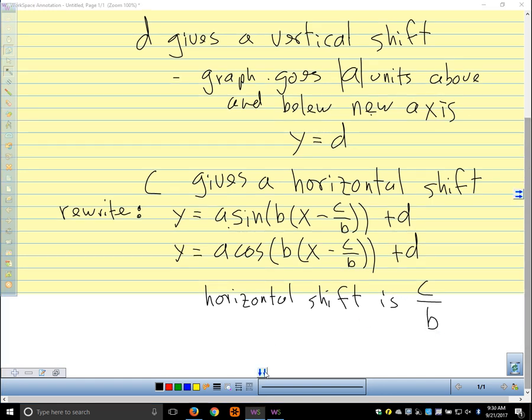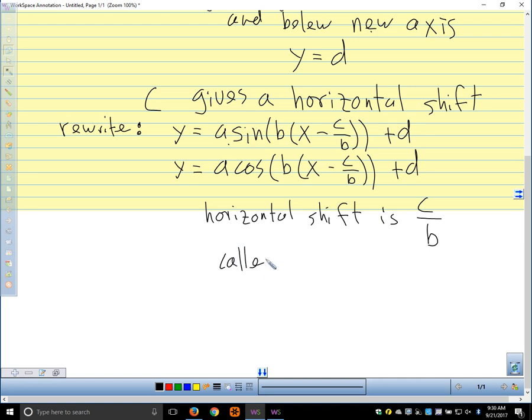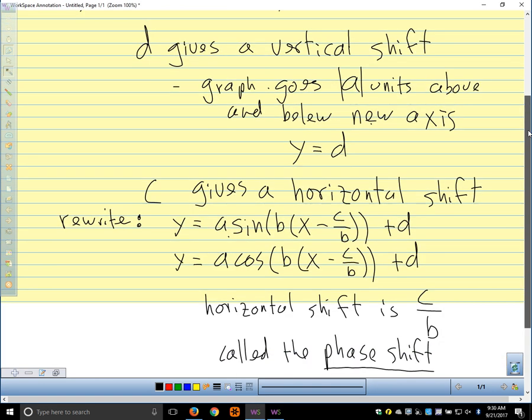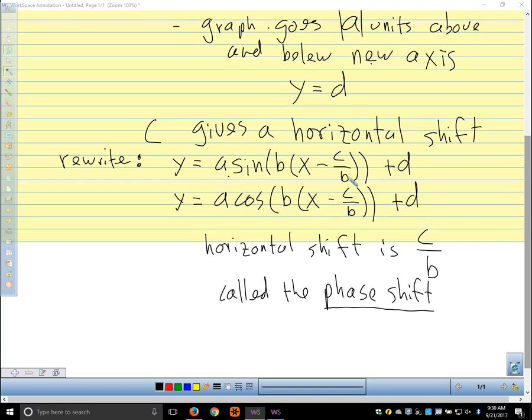And we call this the phase shift. So if our b is multiplied like this, we want to factor that out of that expression first in order to see our horizontal shift. So that way the stretch and the shift, we can see them as separate things. They're not mixed together.